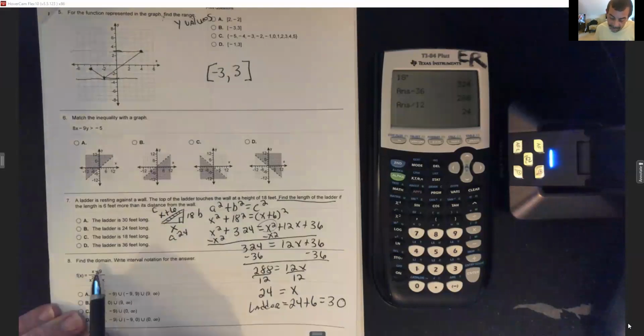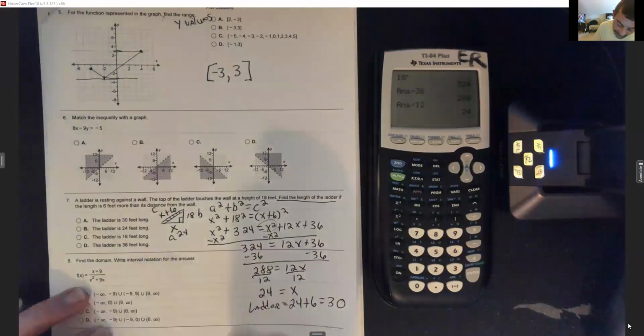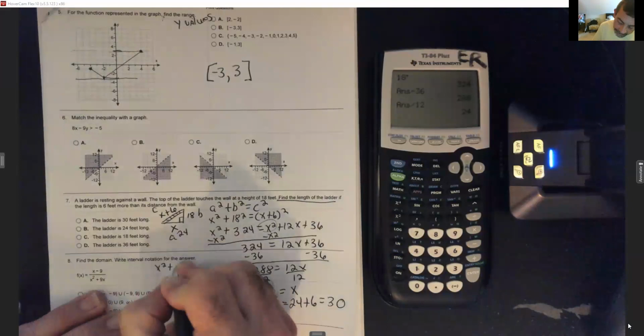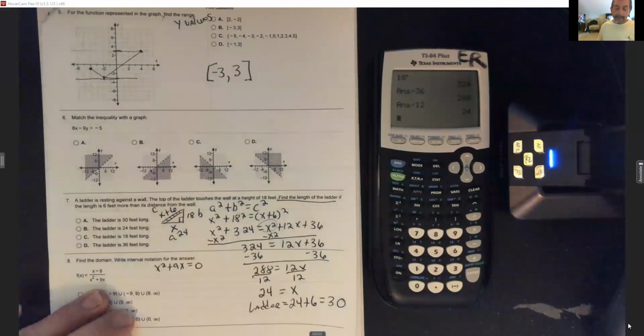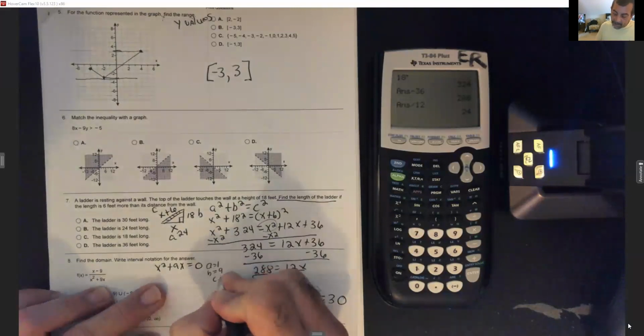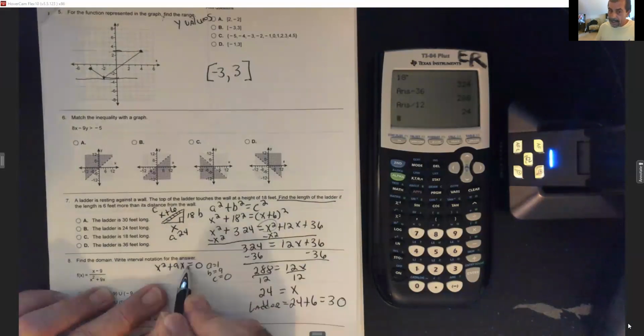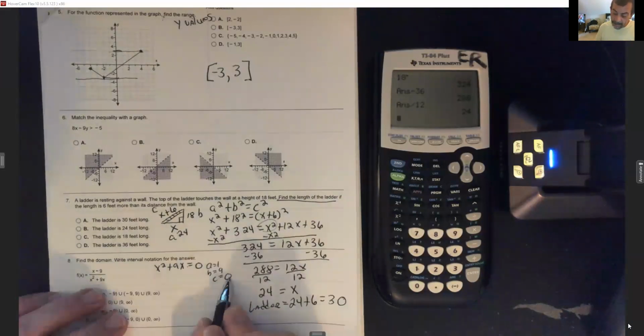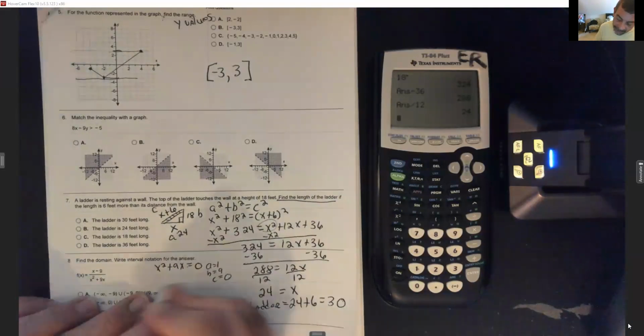All right, this one wants to find the domain. So to find the domain, I take the bottom and set it equal to 0. At this point, if you use quad, A is 1, B is 9, C would be 0. Because there's not a number at the end, that's why the C would be 0. All right, I'm just going to solve it by factoring.